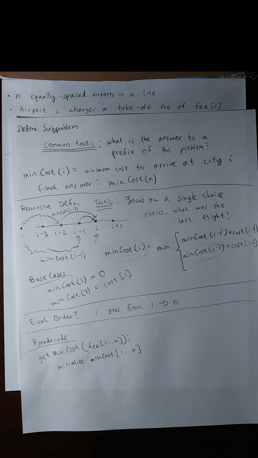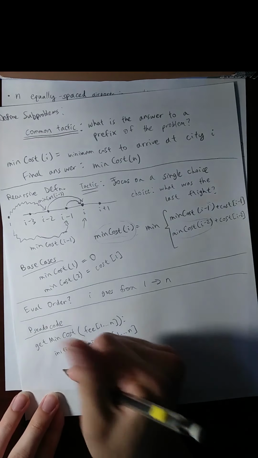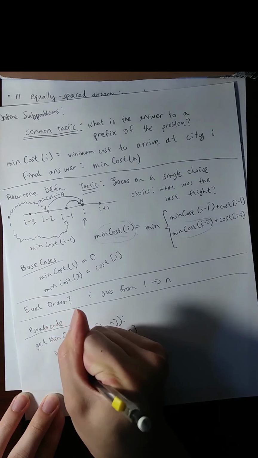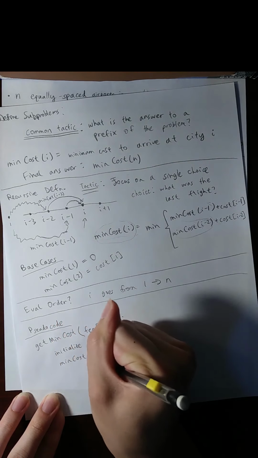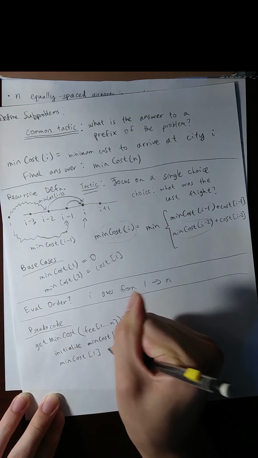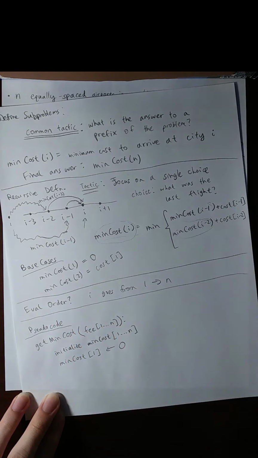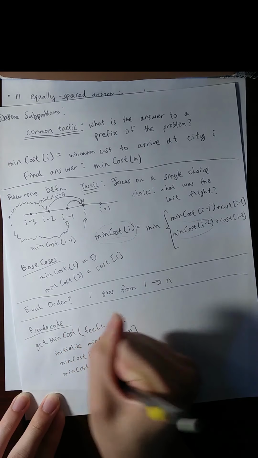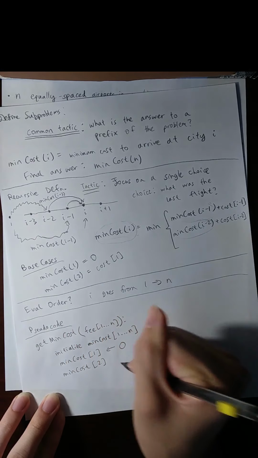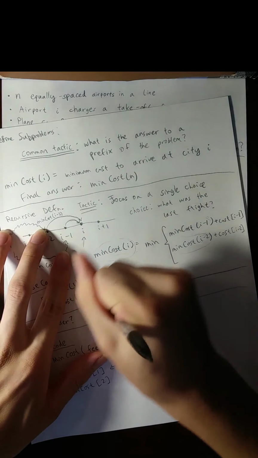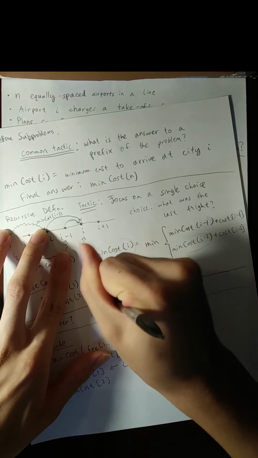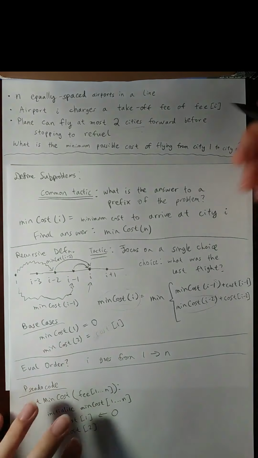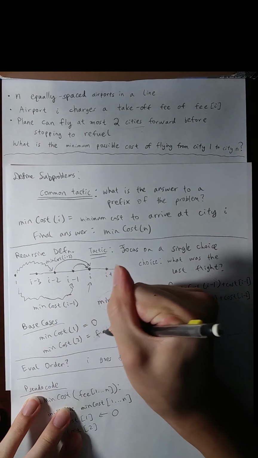Once we've initialized the array, usually the next step is to fill in the base cases. So we have min cost 1, and then assign 0 to that, and then min cost 2. Alright, I realized I wrote the wrong thing here. This should actually be fee, because that's what the array is called.